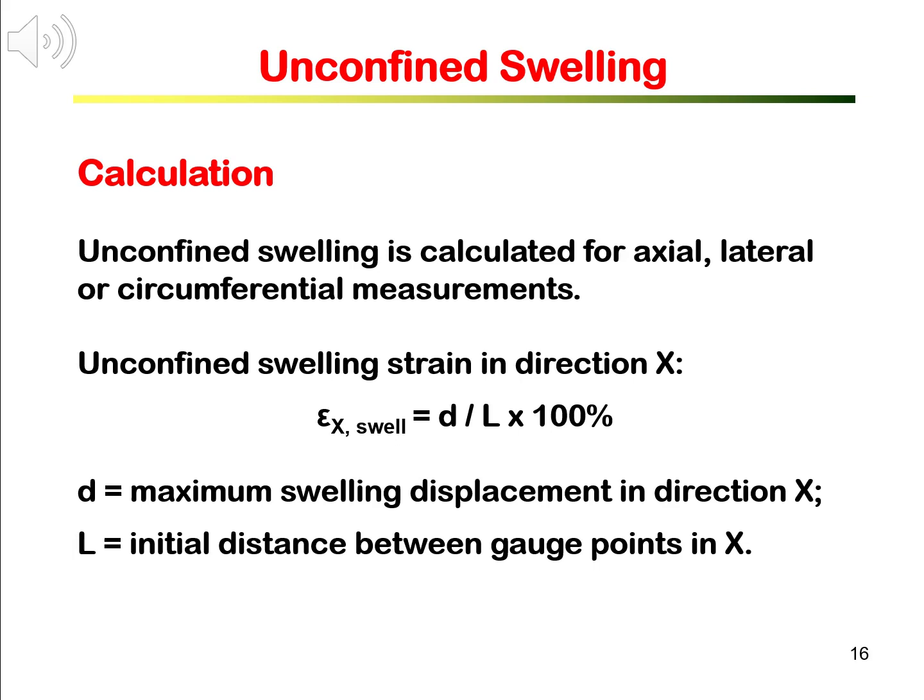Lateral swelling strains in 2 perpendicular horizontal directions can also be computed in the same way, as the lateral maximum swelling displacement divided by the original length, or diameter if a circular cylinder is used.